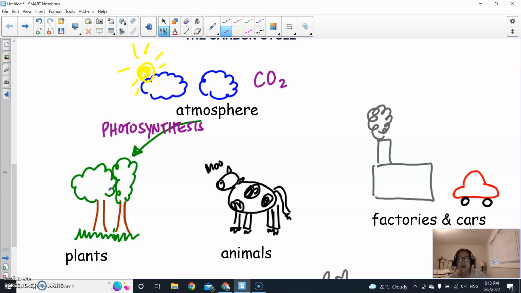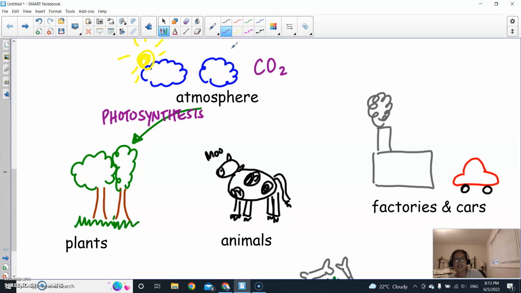Through the process of photosynthesis, the carbon dioxide converts in plants into carbohydrates or sugars. So now it's in the form of C6H12O6. And then what happens next is that, for example, a primary consumer will eat the plants, the producer. So I'm going to put an arrow going into here.